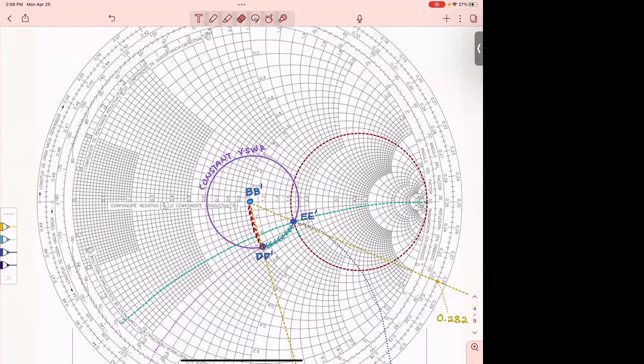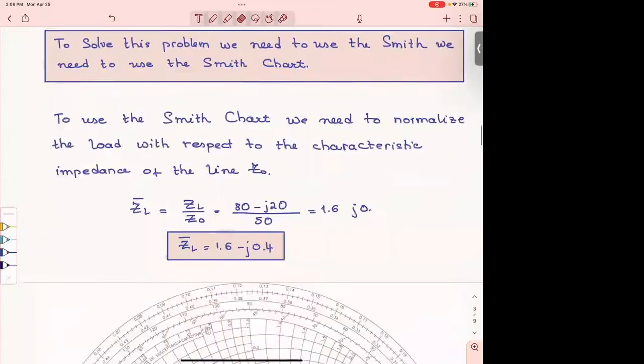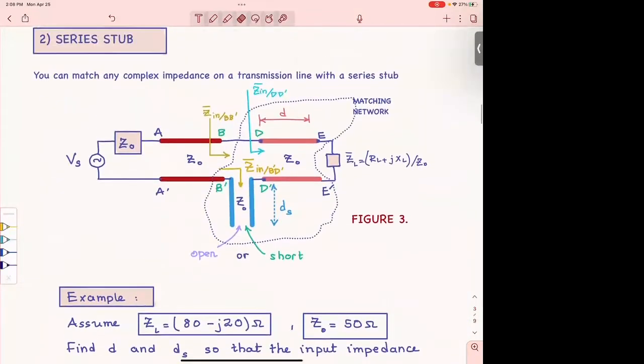So if my point is on this transmission line that I showed you earlier, the first section here, the VSWR is going to have the same value between E prime and DT prime. Everywhere on this line, the VSWR is constant, and it's going to have the value that it has at this point, E prime.